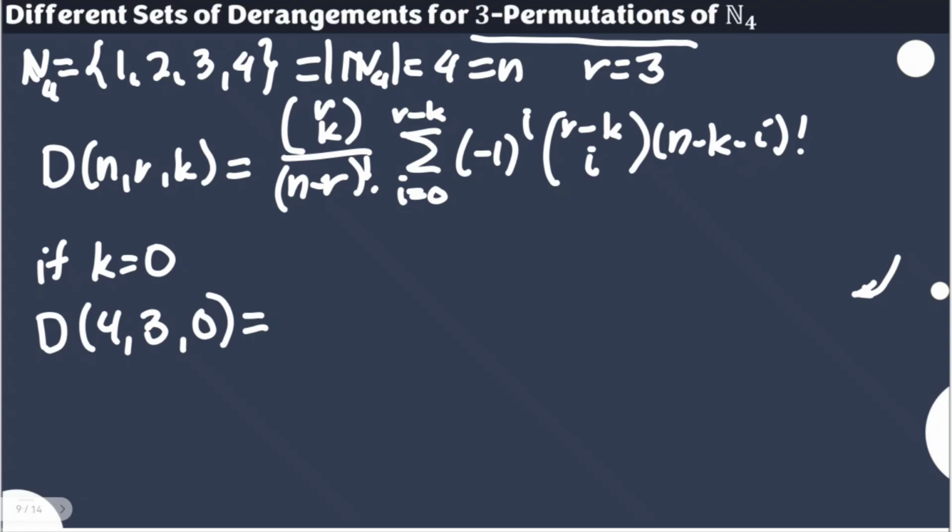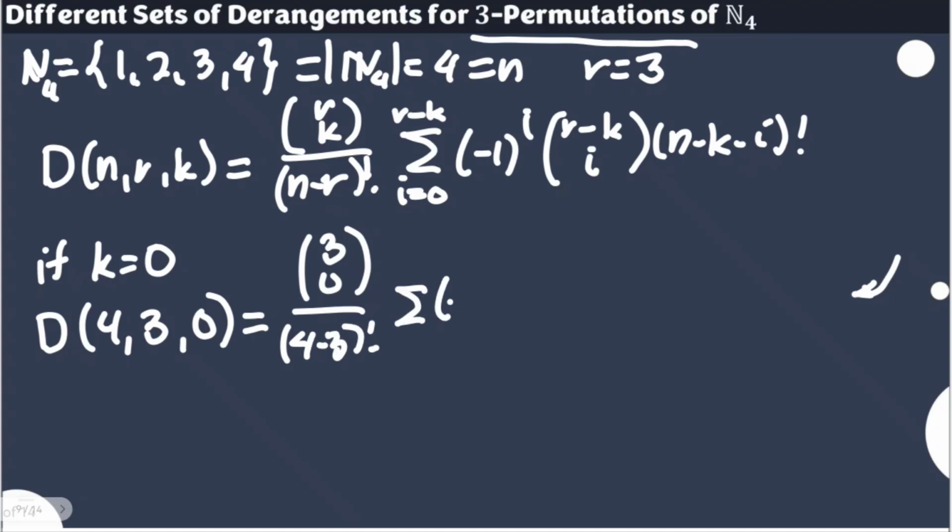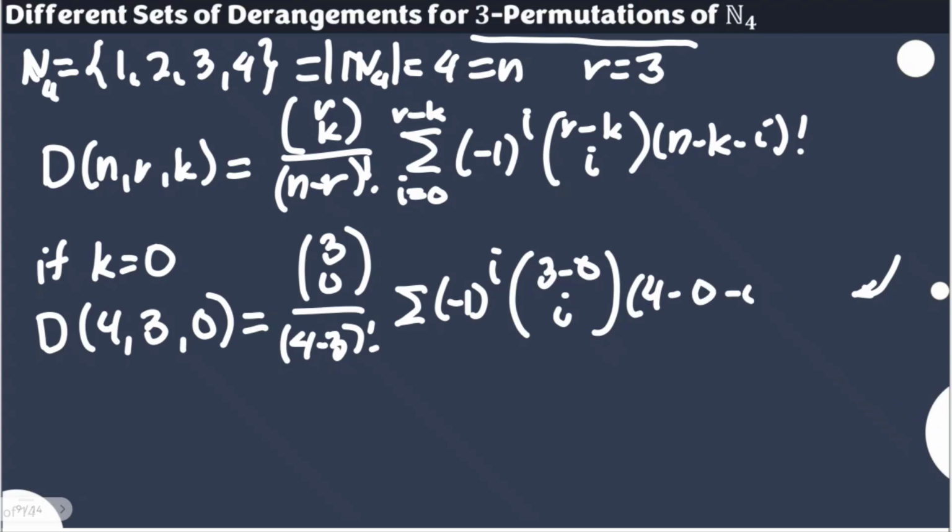The derangements themselves. So let's try to input here. Our R is actually 3, combination 0, over 4 minus 3 factorial, times the summation of -1 to I, 3 minus 0 combination I, 4 minus 0 minus I factorial. I starts from 0 through R, which is 3 minus 0.